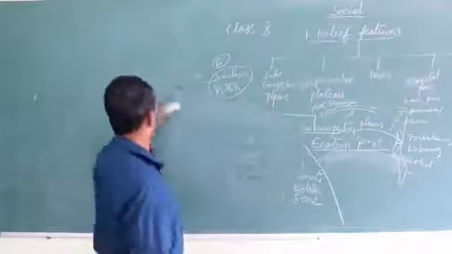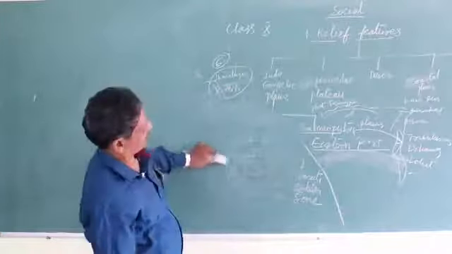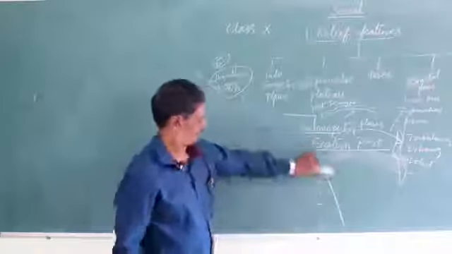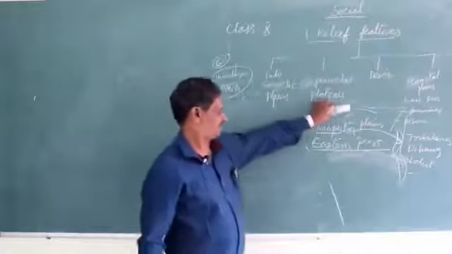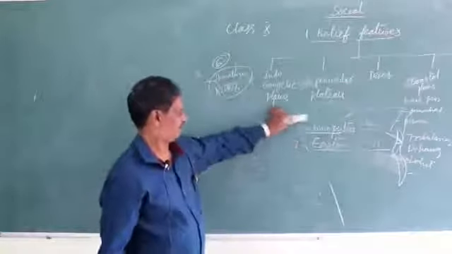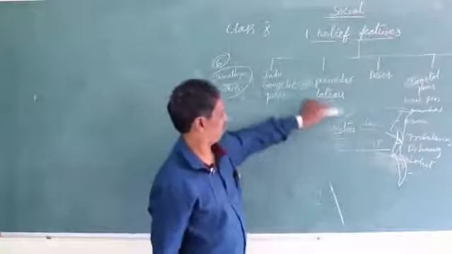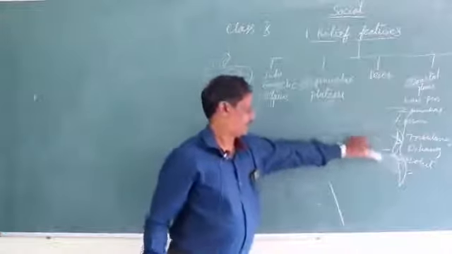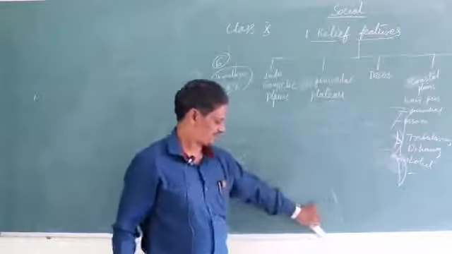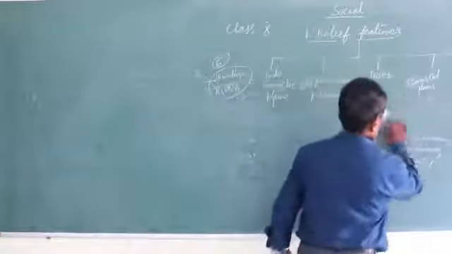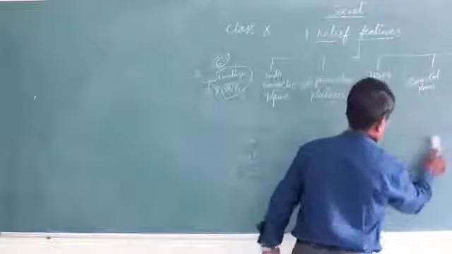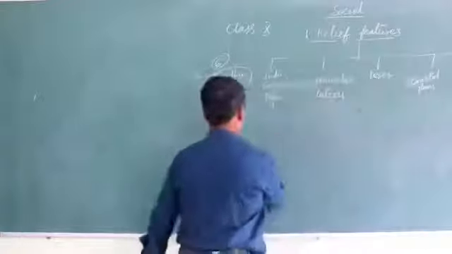And the third relief feature, that is peninsular plateau. I'll show you the peninsular plateau. What is a plateau? What is the peninsular plateau? What is a peninsula? First, right?